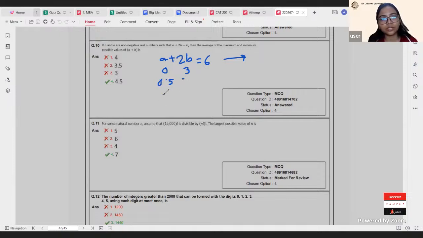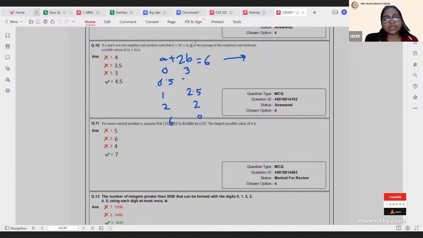We put a to be 1, b will come around to be 2.5. If you put a to be 2, suppose, then b will come around to be 2 again. If you put a is 6, b will be 0.